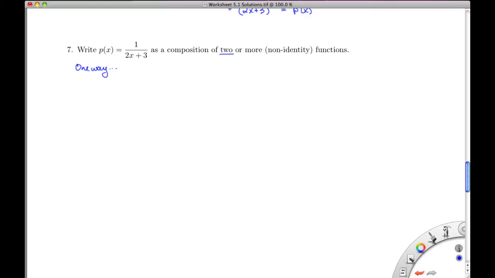So if we let p of x be the composition of f and g, and I'm going to make a note here, g is the inside function, and that's directly related because it's the second one, and f is the outside function.